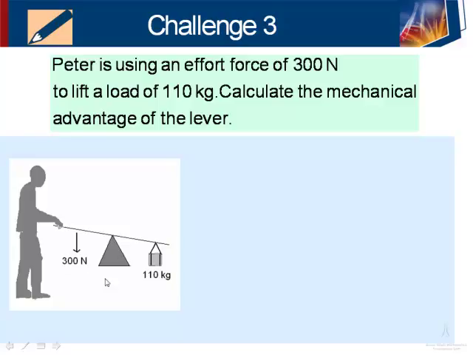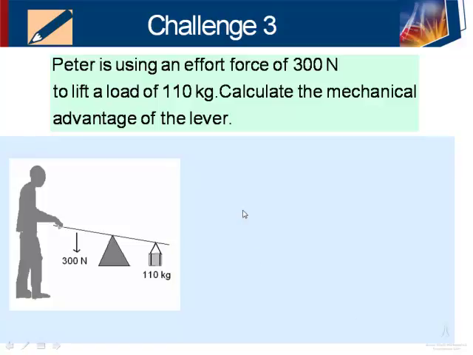We can see here's the lever system with the fulcrum in the middle, 110 kilograms, and he is applying an effort force of 300 newtons. You need to calculate the mechanical advantage of this lever. We suggest you pause the DVD and do the calculation.